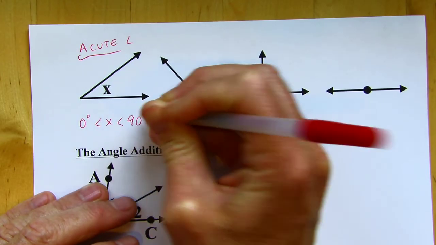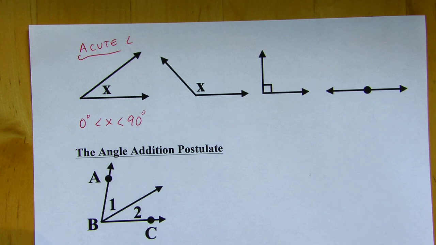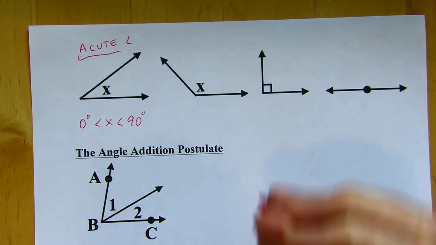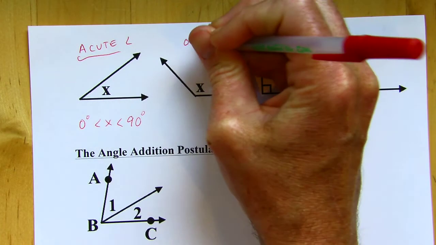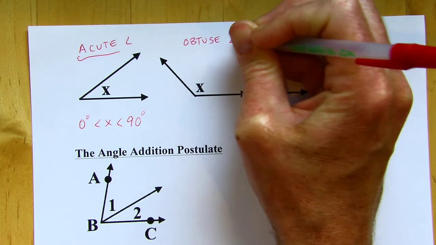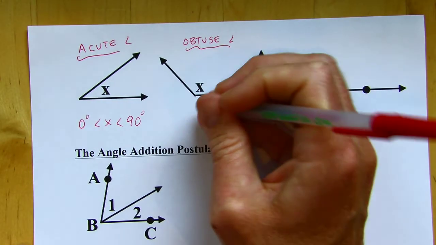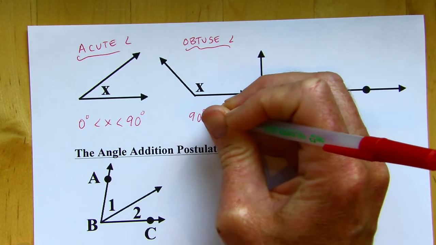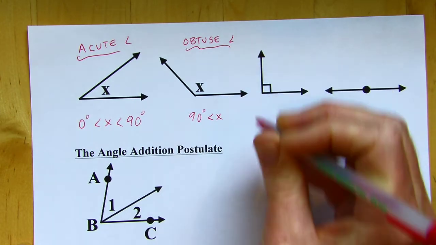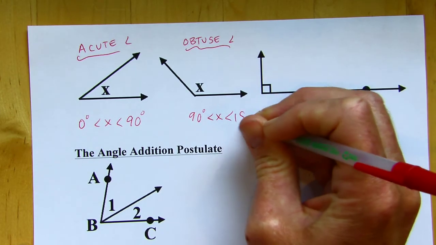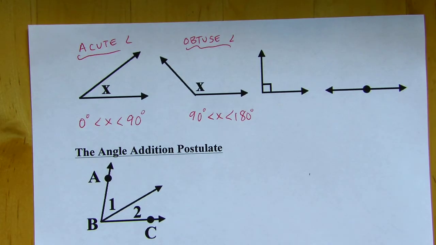And that might seem kind of silly, but you can actually have 0-degree angles and negative angles. And when we get into some trigonometry, we'll talk about that. But technically, it's between 0 and 90, not just less than 90. Okay, and for an obtuse angle, a lot of people will say, oh, that's more than 90 degrees. Again, there's a little bit of a technicality. It is more than 90 degrees, but it also is going to be less than 180 degrees. You can go past 180 degrees. Okay. All right.